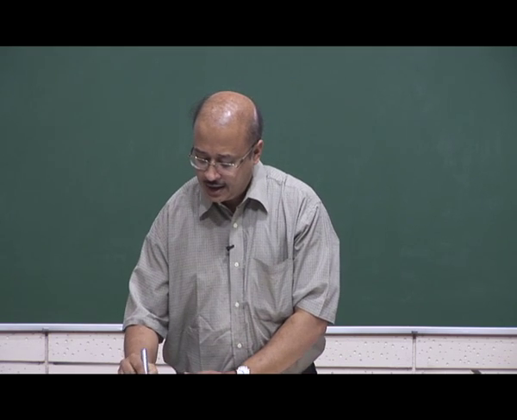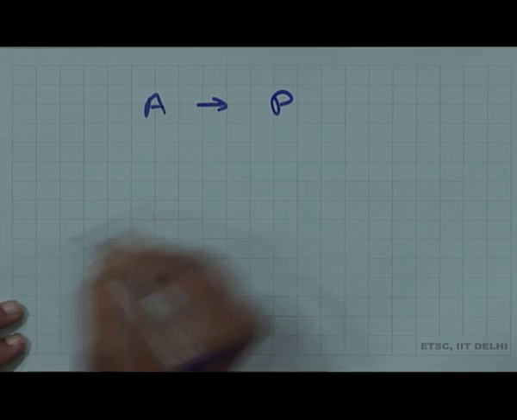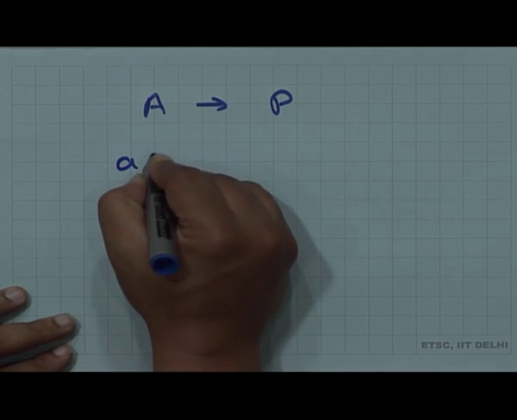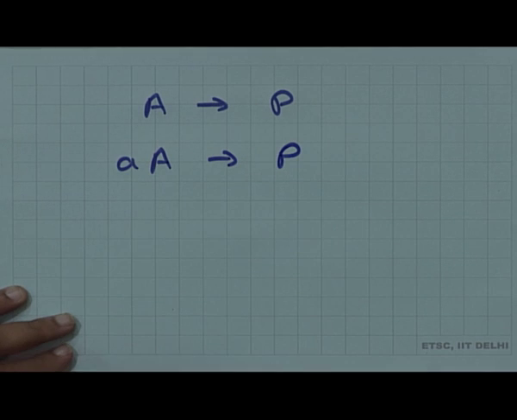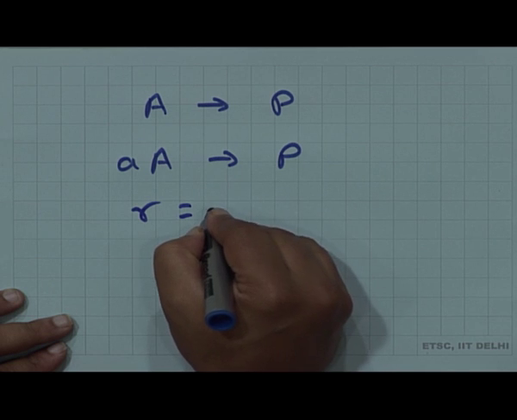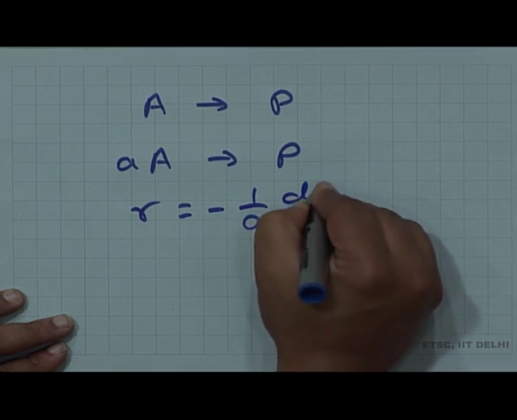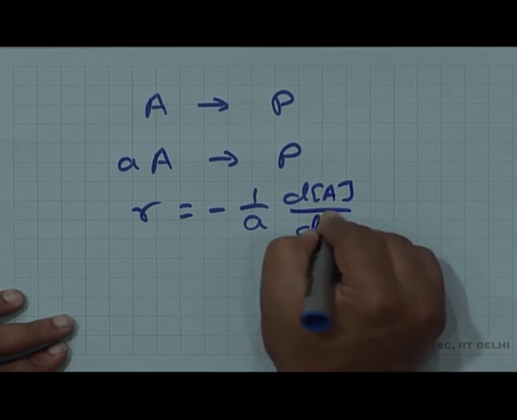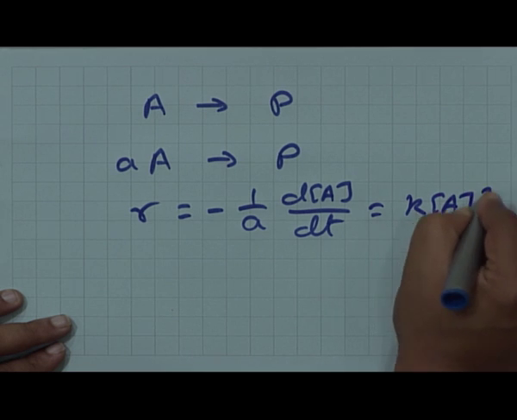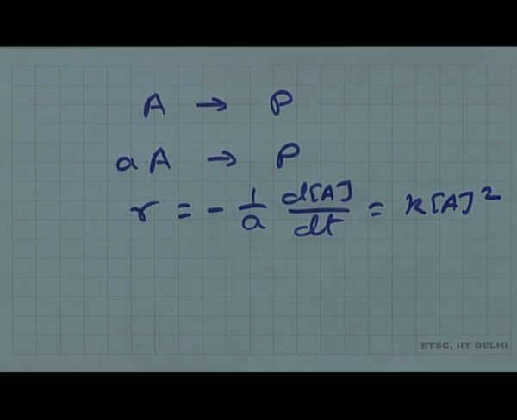We said that A goes to P. Now, remember for first order kinetics we also did a general equation where A is going to P. That means now the rate is equal to minus 1 by a, d[A] over dt, which is equal to k times [A] squared, isn't it.